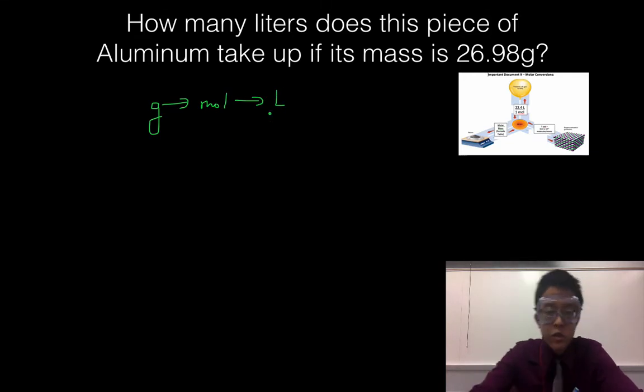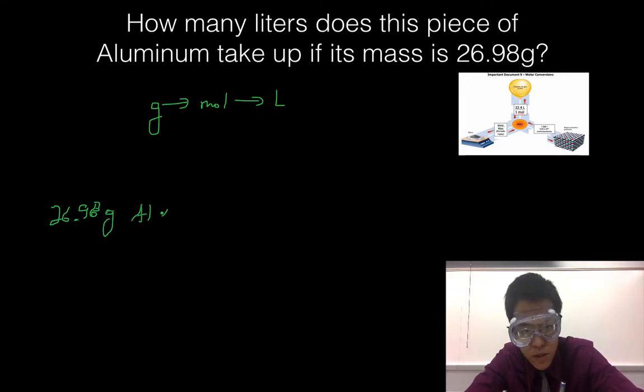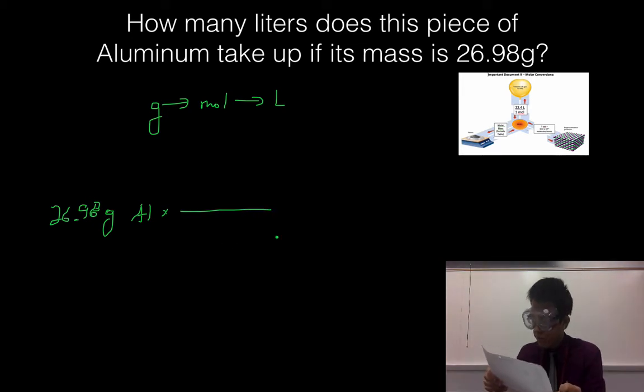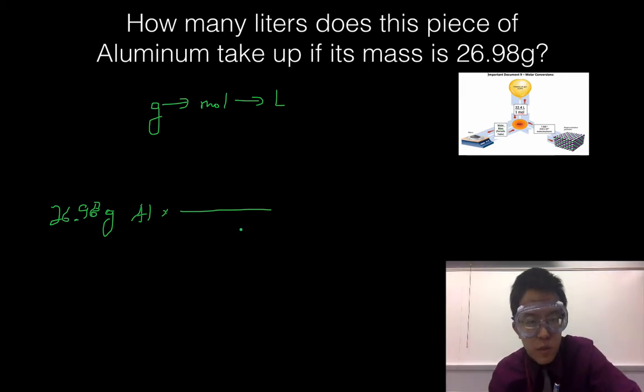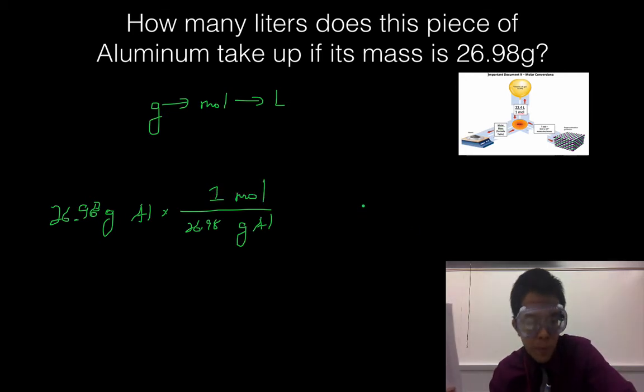So what I might do is say, okay, I've got 26.98 grams of aluminum, and I'm going to multiply. I know the molar mass of aluminum also happens to be 26.98, so 26.98 on the bottom with the grams per 1 mole. Remember, the molar mass tells me how many grams are in 1 mole.